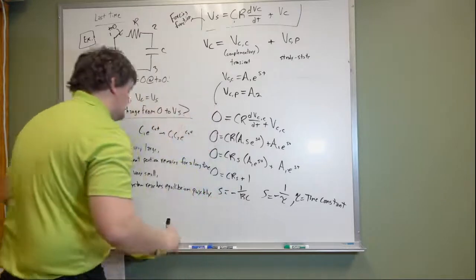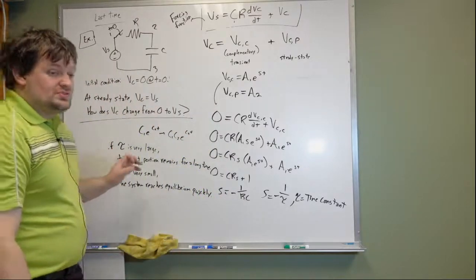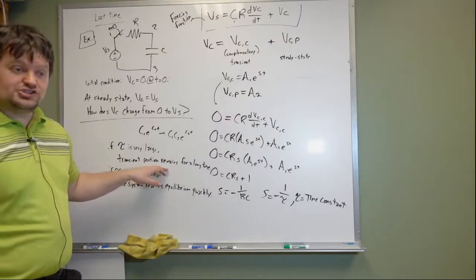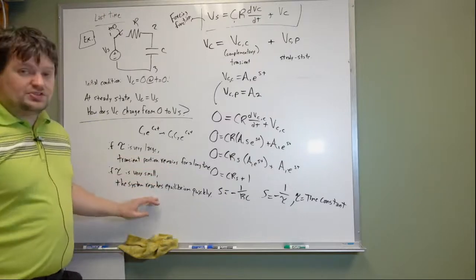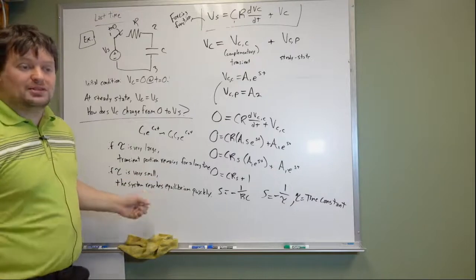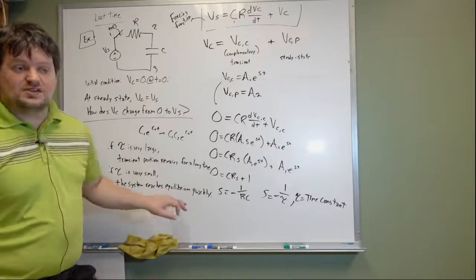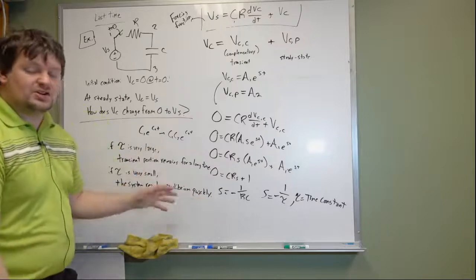So if we want the transient portion to exist for a long time, then we want a large tau. If we want the transient portion to end rapidly so that the system reaches steady state very quickly, we want tau to be small. Time constant very small.